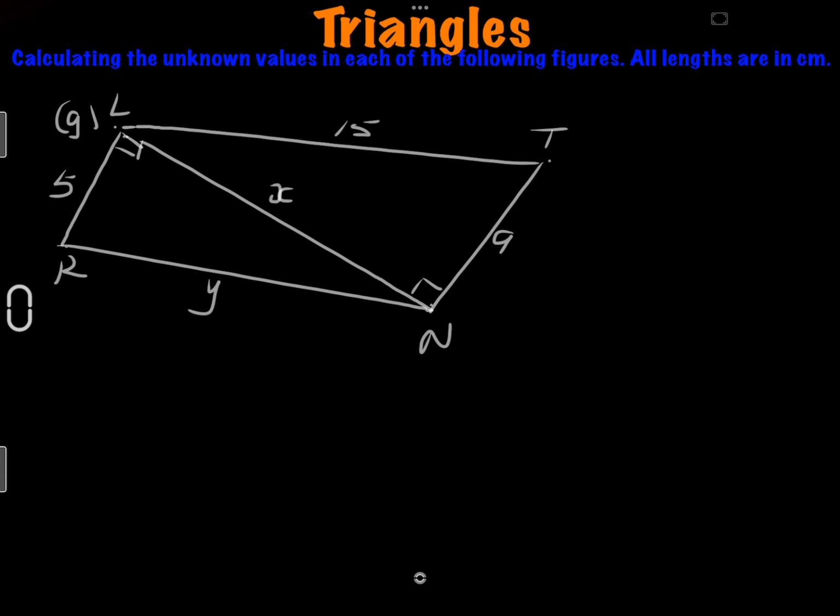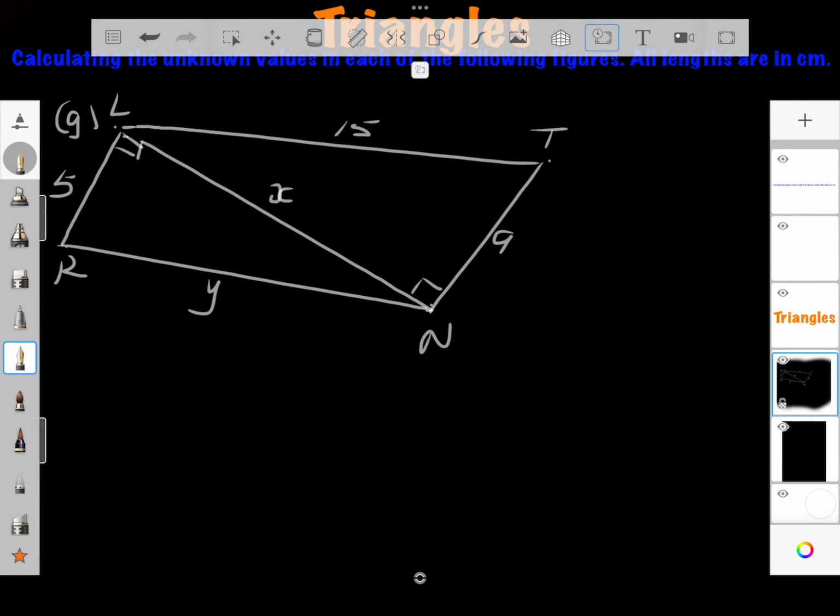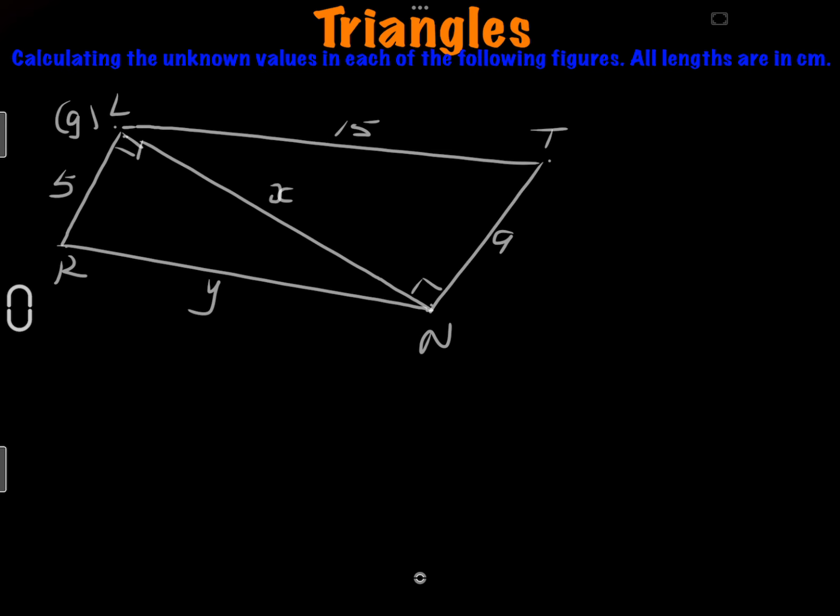First, by inspection, we can clearly see that there are two right angle triangles which are placed on top of one another. So that's the first observation that we need to actually apply.